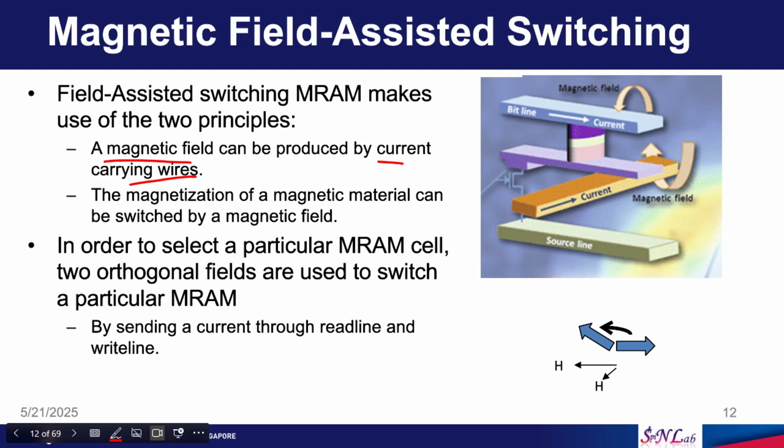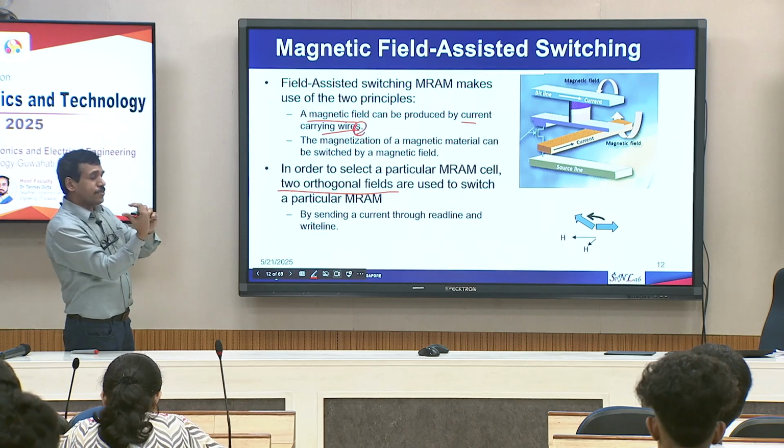Look at the emphasis: it is not a current carrying wire, I am using current carrying wires. There is more than one wire, at least 2 wires, and we produce 2 orthogonal magnetic fields. Let us say one wire is coming towards you, this wire is producing a magnetic field in, say, the anti-clockwise direction.